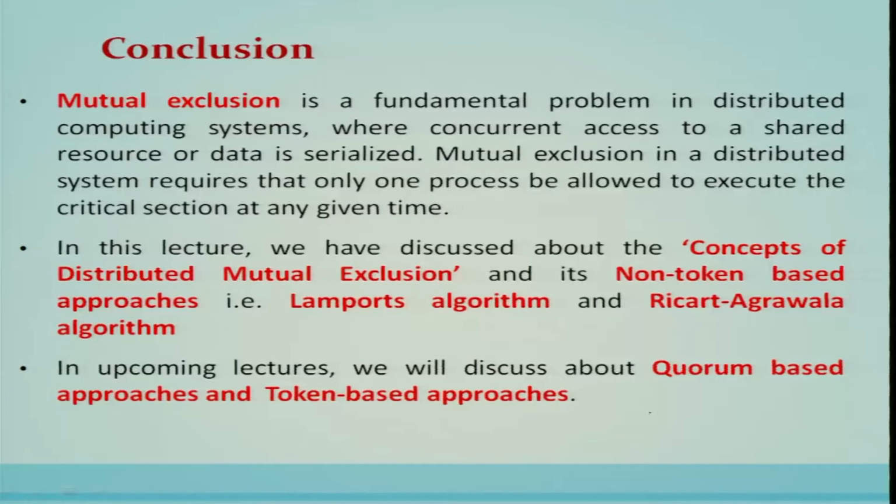So, the conclusion: mutual exclusion is a fundamental problem in a distributed computing system, where concurrent accesses to a shared resource or data are serialized. Mutual exclusion in a distributed system requires not only that one process be allowed to execute the critical section at any given time, but also that fairness is ensured.